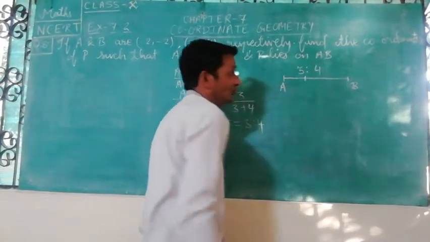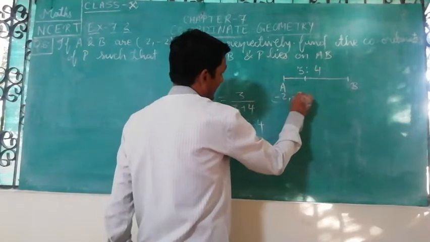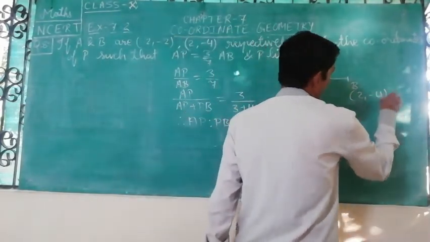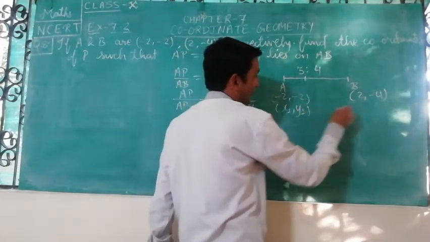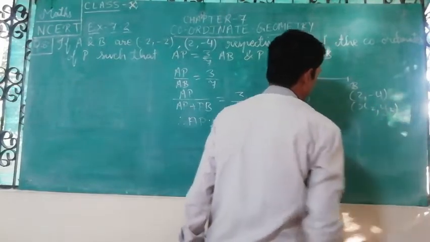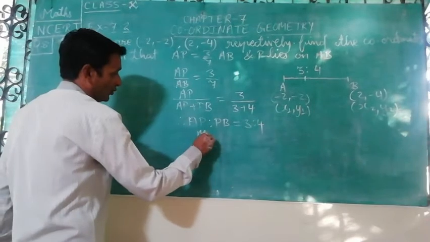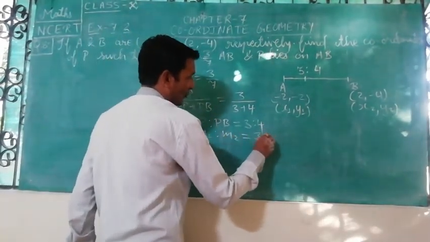3:4 is the ratio. Now the coordinates of A and B are (-2, -2) and (2, -4) respectively. So we may mention them as x1, y1 and x2, y2. Now see what we can do. Here we can mention that m1 ratio m2 is equal to 3 ratio 4.